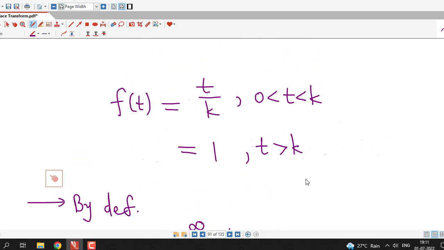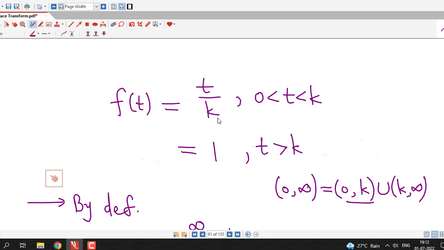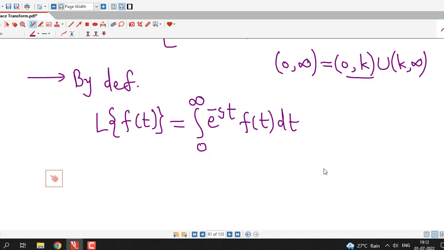Now here the function is different in both the intervals, so we have to break our interval of integration into two intervals, in 0 to k and in k to infinity. In 0 to k the value of the function is different, and in k to infinity the value of the function is different. So using the property of integral, I can rewrite this as integral from 0 to k plus integral from k to infinity.